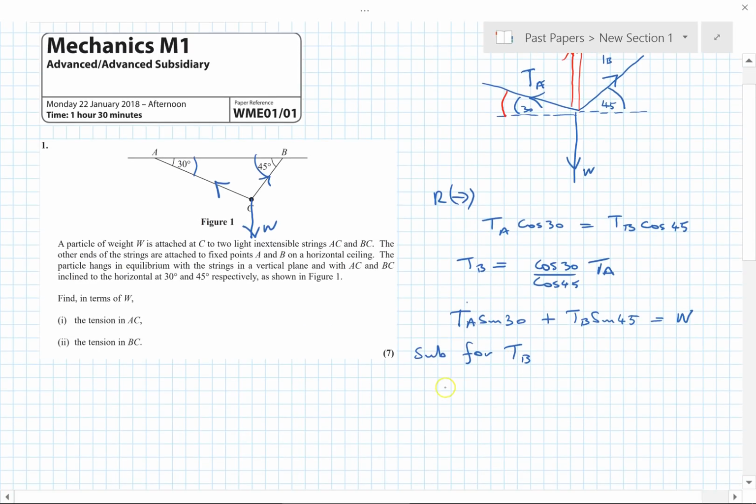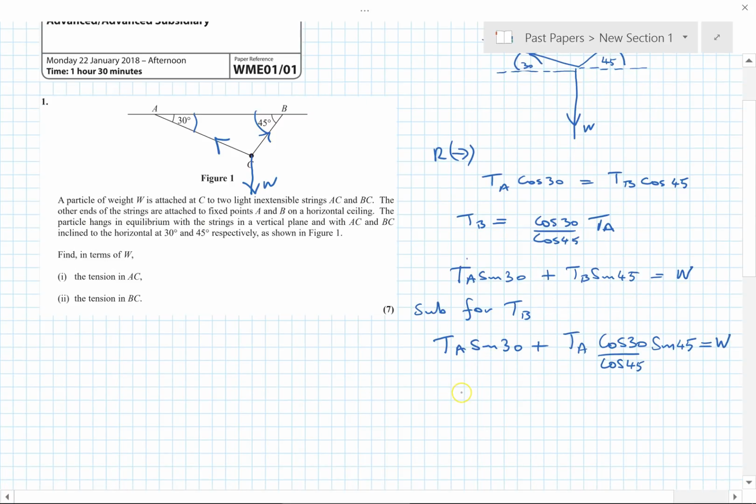So we have TA sine 30 plus TB, we're substituting for TB, so that's TA cos 30 over cos 45, which is basically TB is that. So I've substituted that, times by sine 45, equals W.